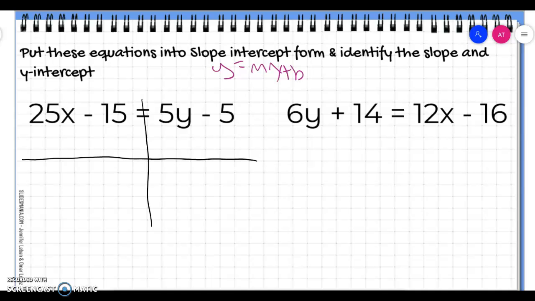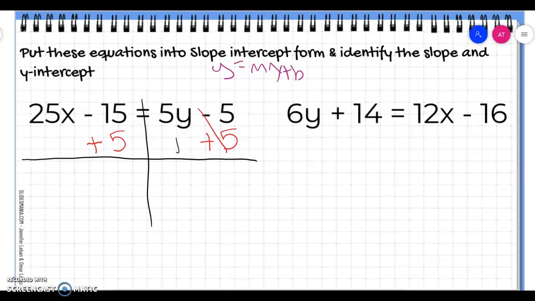So what I need to do is, on the right side it says 5y minus a 5. What I need to do is get rid of that negative 5 by doing what? Adding 5 to both sides. And since this does not have an x or a y, I have to put it underneath the numbers without x's and y's.